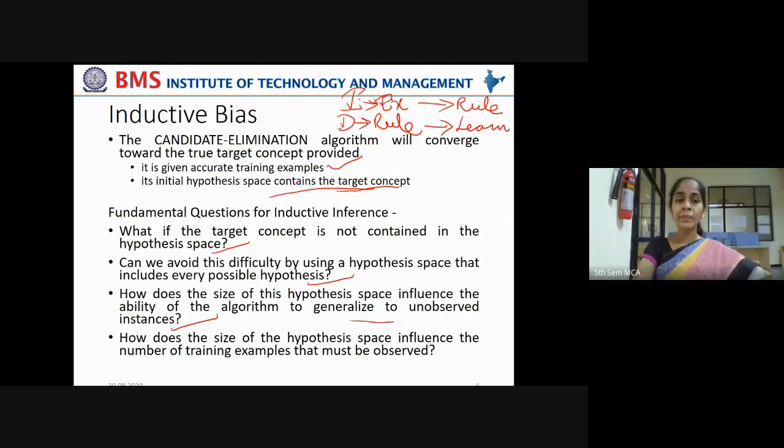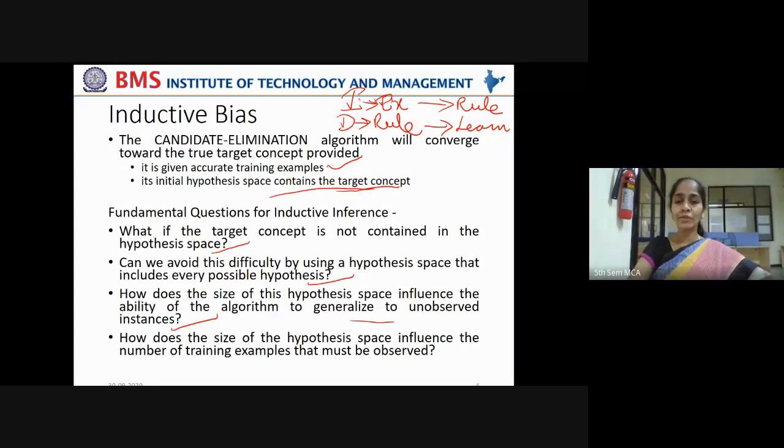Let us read again. How does the size of this hypothesis space influence the ability of the algorithm to generalize to unobserved instances? If more and more hypotheses are available in the hypothesis space, does it guarantee that our unseen data can be correctly classified by the learner?